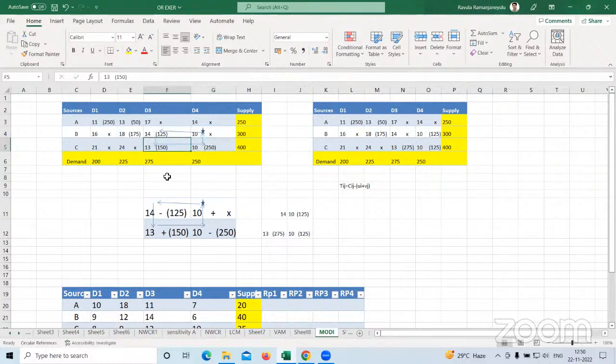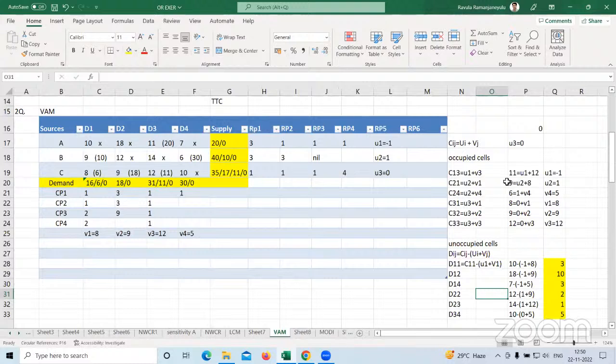So again, the new allocations will come to us, with occupied cells and unoccupied cells. The procedure we need to follow again in the same way as we did here. Again we go through these two steps: for occupied cells, finding out U and V values, then substituting those U and V values and checking whether all the unoccupied cells are positive or not.